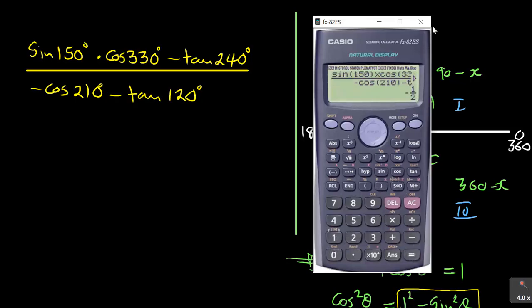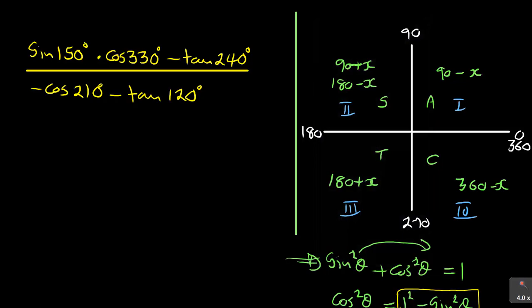The answer is minus a half. So I just need to get to a negative 1 over 2. Let's just keep that in check.